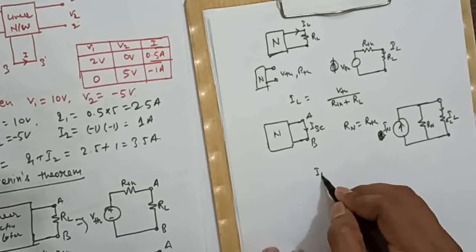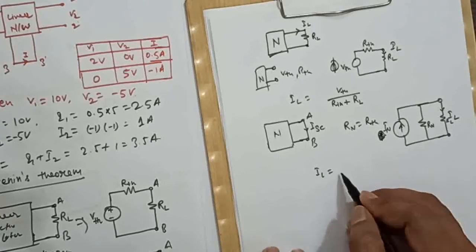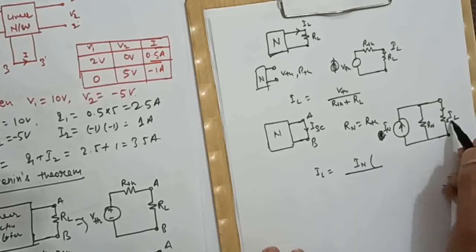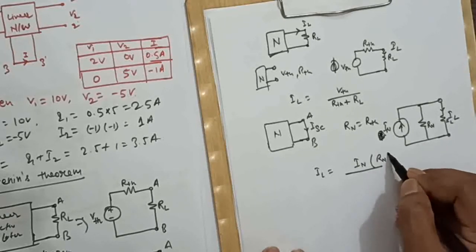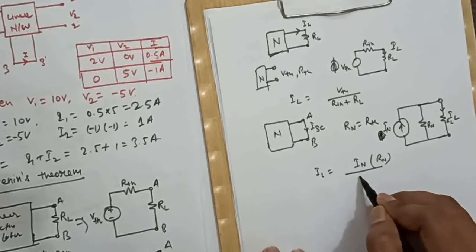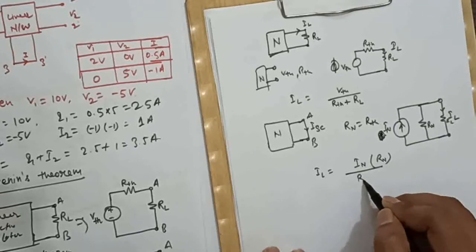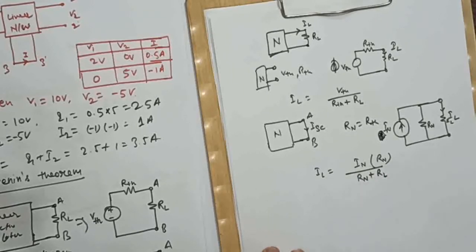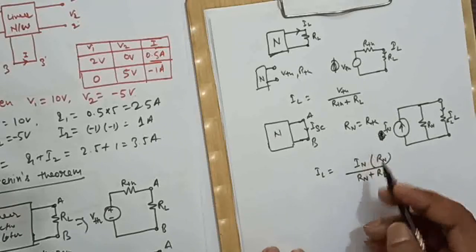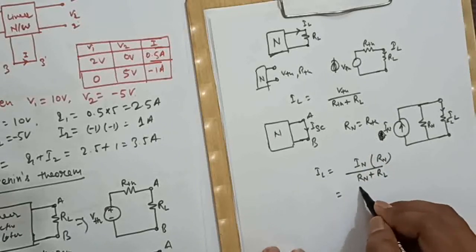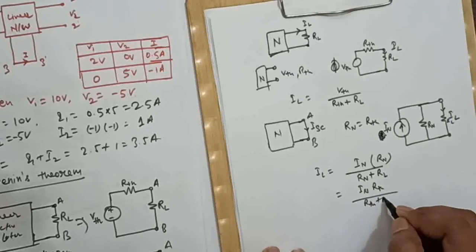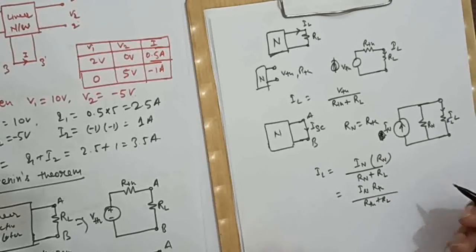So IL in case of Norton will be the total current multiplied by the opposite branch resistance Rn, divided by the total resistance, that is Rn plus RL. Now see here, as RTH and Rn are the same, it will be nothing but RTH plus RL, right?